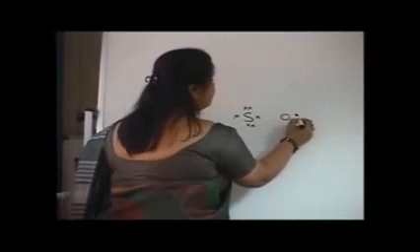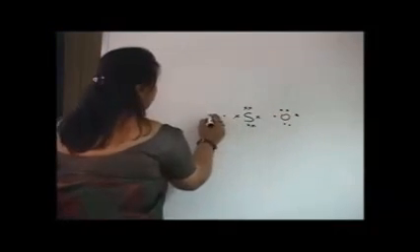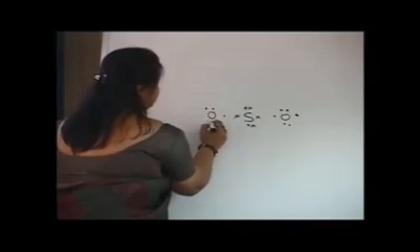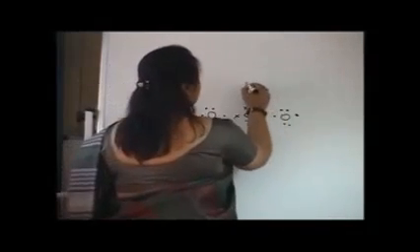Okay. Now, this oxygen atom has 6 valence electrons like this. The other oxygen atom also has 6 valence electrons like this. Then we have the rest of the oxygen atoms also having 6 valence electrons.